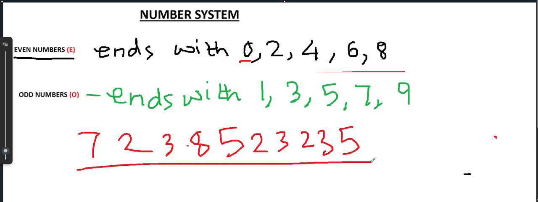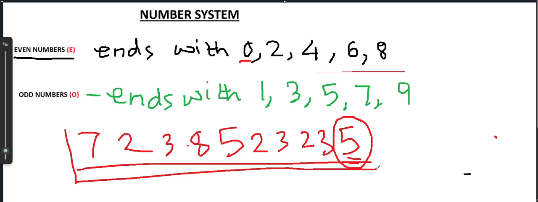Oh yes, we can definitely tell whether this number is odd or even by looking at the ones digit. Okay, by looking at the ones place, we see that we have a 5 and 5 is an odd number. So definitely this whole group which is acting as a group over here, this whole number is odd.